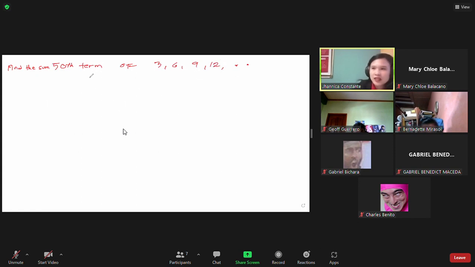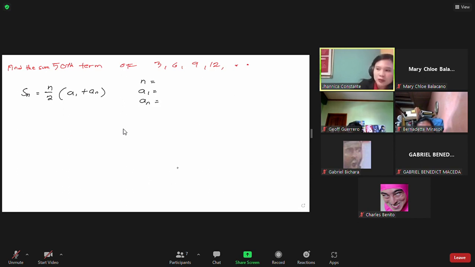Okay. So since we're solving for the sum of our arithmetic sequence using the formula that we have, which is Sn equals n divided by 2 times the sum of the first term plus the nth term, in the formula we need to have the value of n, the value of the first term, and the value of the nth term.